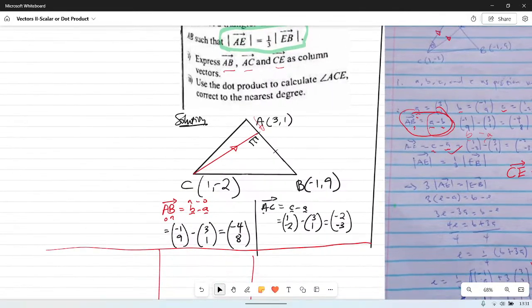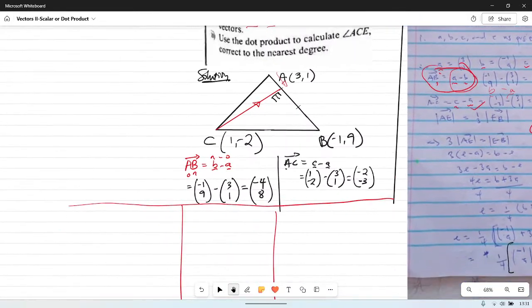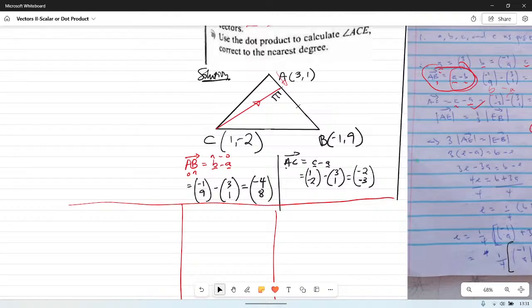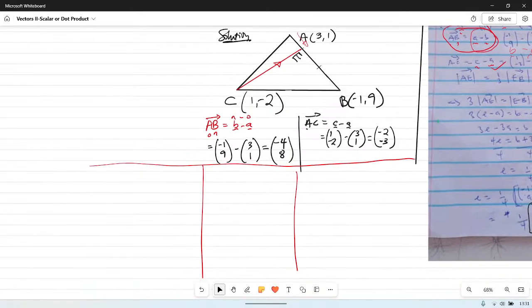I know that AE is one third EB. I know that CE, to get to CE, I can pass through what? EA, AE.